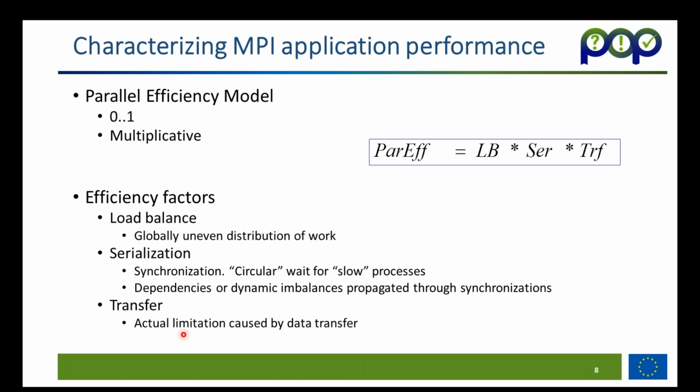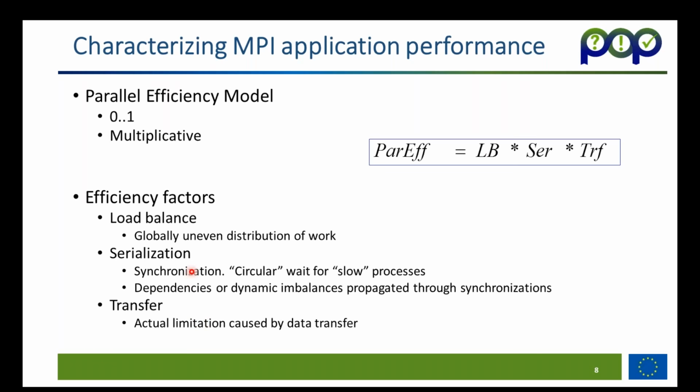Then the transfer component: in a system where we have processes communicating between them, this communication on a given physical channel will take some time, and this time may cause inefficiencies, may cause waits. So this is the component represented by transfer.